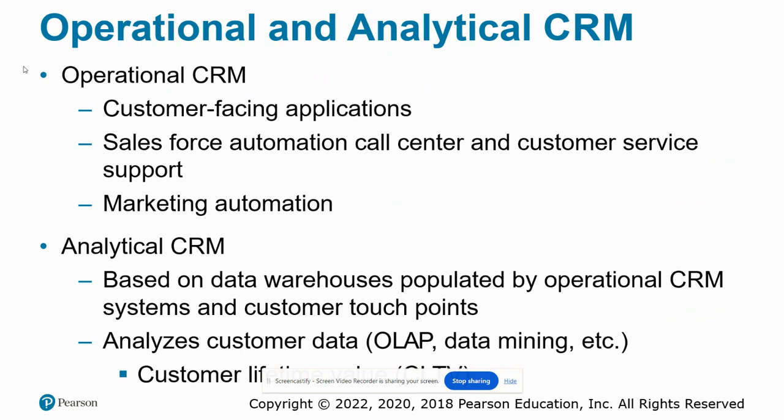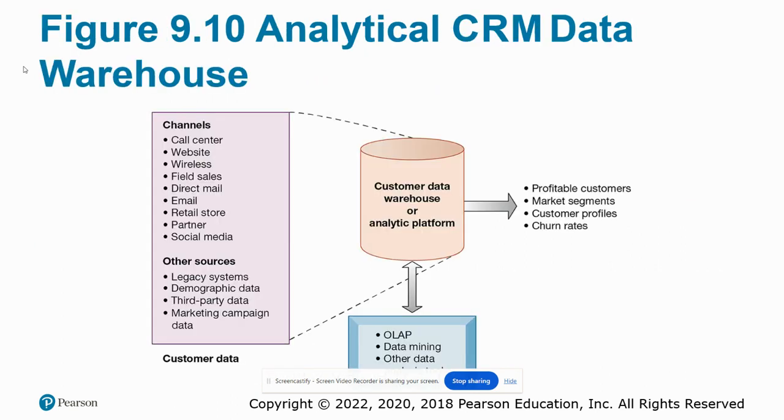This slide discusses the two main types of CRM software: operational and analytical. Analytical CRM uses a customer data warehouse or analytical platform and tools to analyze customer data collected from the firm's customer touchpoints and other sources.